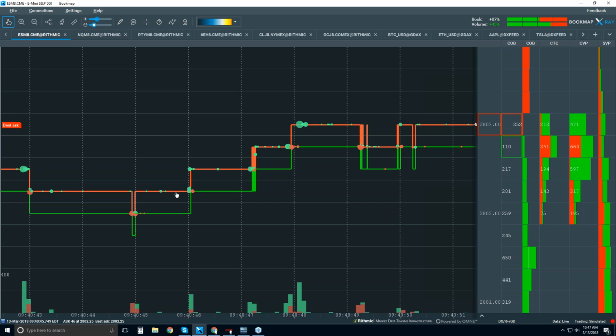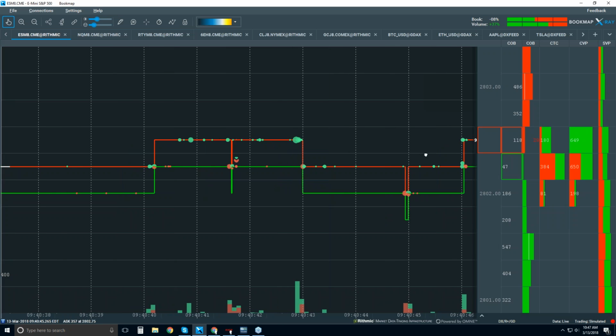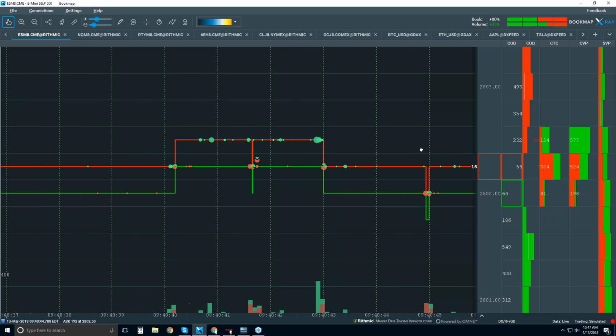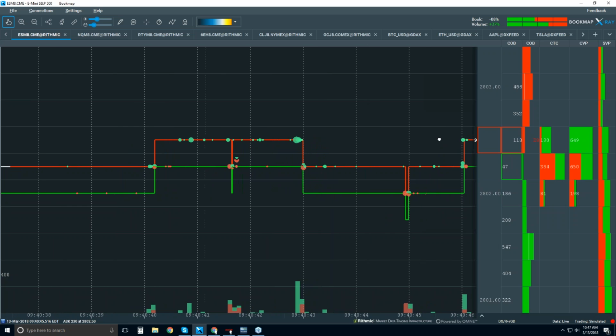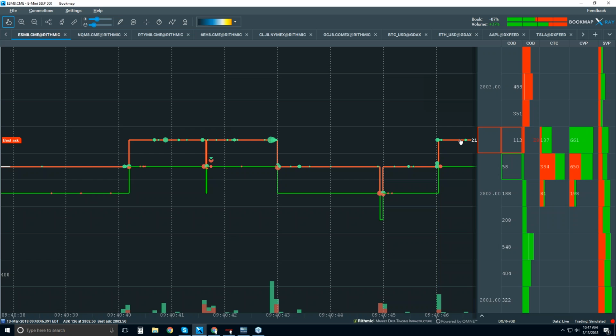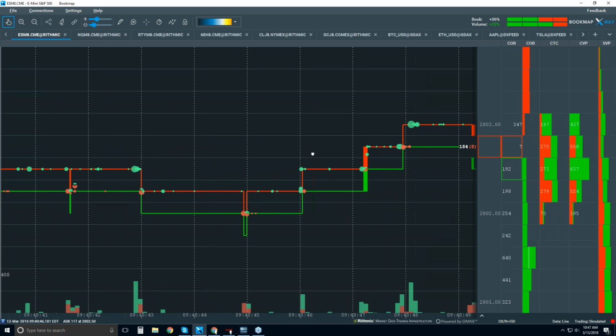They took all of the liquidity here. At that point there were somewhere around 56 contracts in this area, and they traded more than that, so it moved price higher. Then they started trading at this level one tick above, and they swept that area as well.